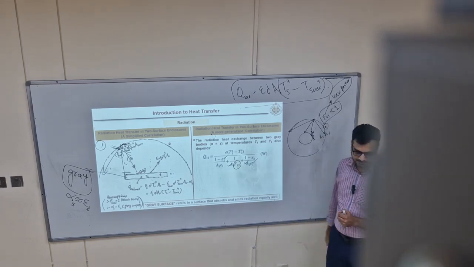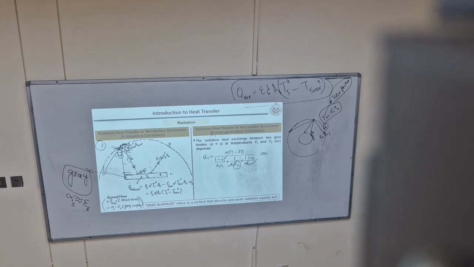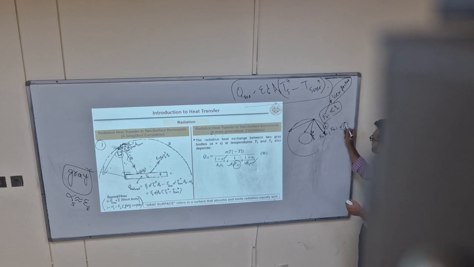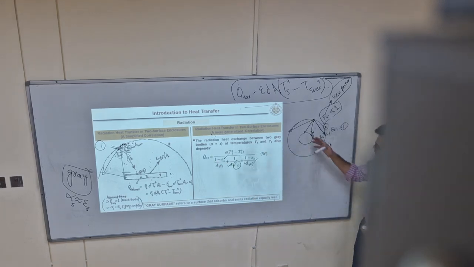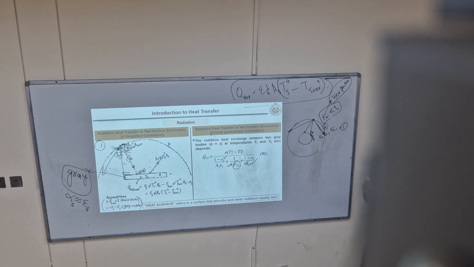Do we care what's reached the other surface? Yes. Some of it is falling over itself again, so it is not reaching there. If I say F2 to 1 is equal to 1, I am calculating a higher Q which is leaving, but actually it is less. Some of it is falling over itself. So that should be taken into account.